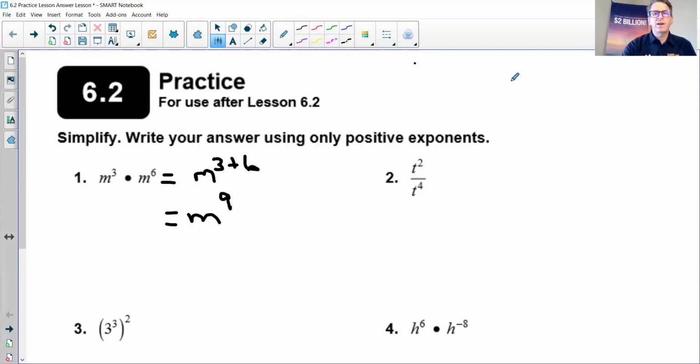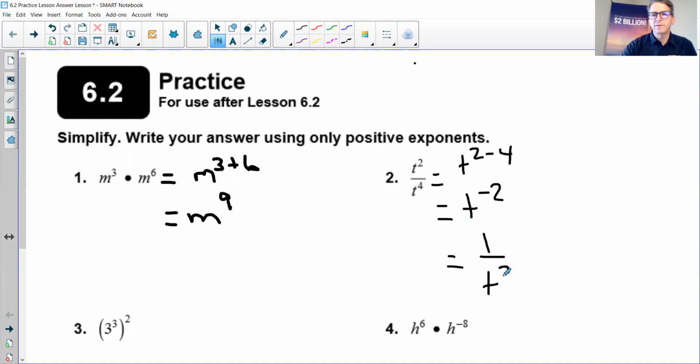Number 2, you're dividing now. T is the base, t to the 2nd divided by t to the 4th, and that's going to equal t to the 2 minus 4, which is equal to t to the negative 2. We want to take care of that negative exponent, and that is equal to 1 over t to the 2nd.